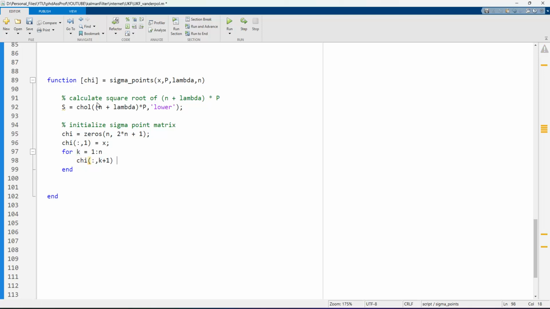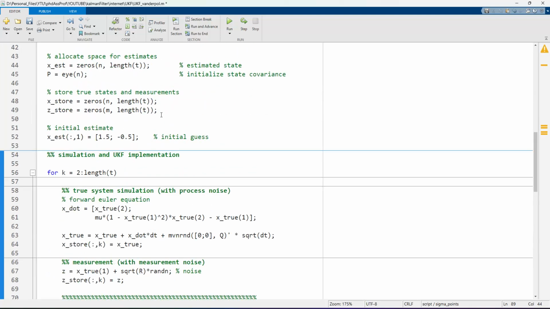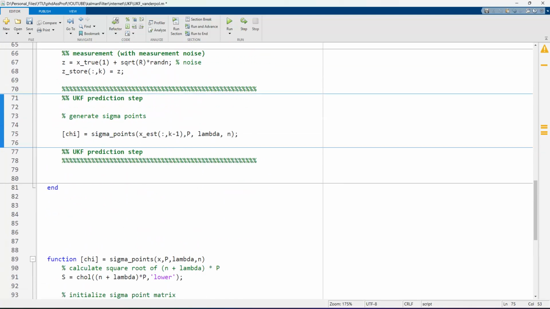Chi k plus 1 is equal to x plus s k, and also chi n plus k plus 1 is x minus s k, okay? These are the basic algorithms to generate the sigma points. So this returns the chi values in here, just like this one, okay? And so how we can use these values? This is the upper and the lower bound of our algorithm.